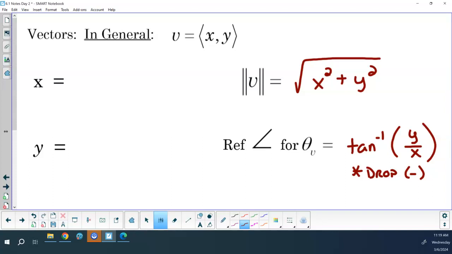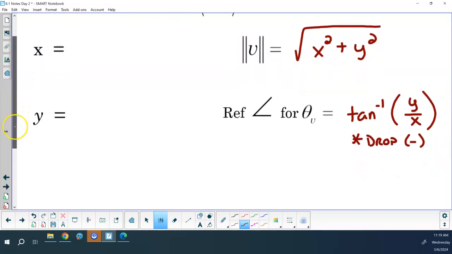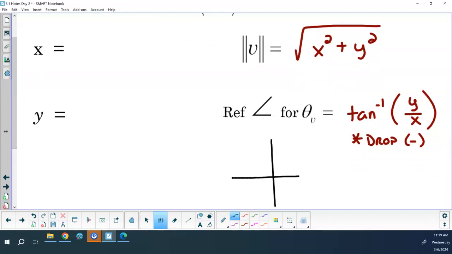Then my actual theta is my reference angle in quadrant 1. My actual theta is 180 degrees minus my reference angle if I'm in quadrant 2.